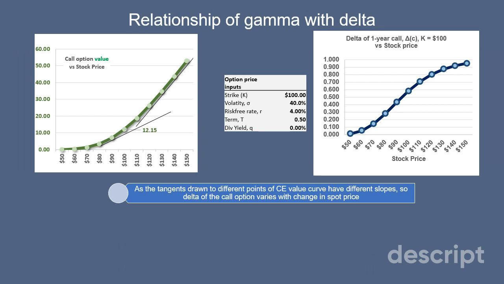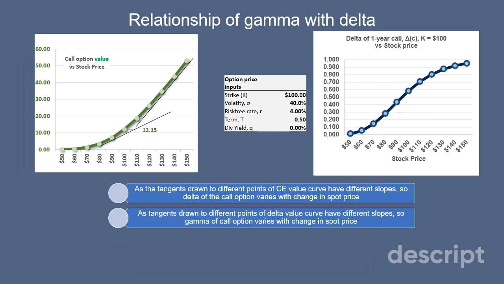As the tangents drawn to different points of the call option value curve have different slopes, delta of the call option varies with changes in the spot price. As tangents drawn to different points of the delta value curve have different slopes, gamma of a call option varies with changes in the spot price.